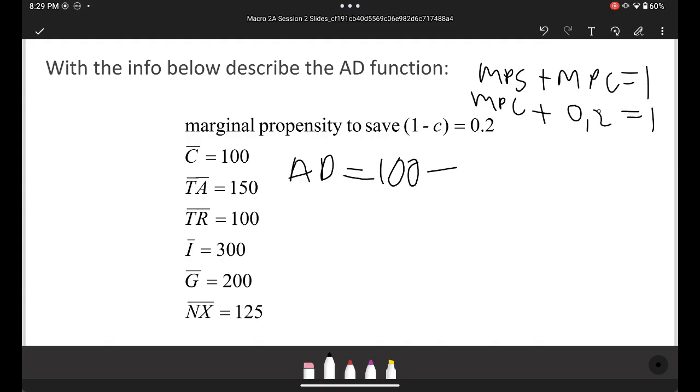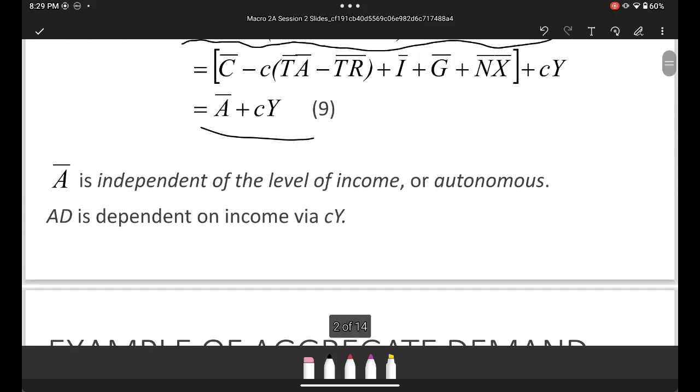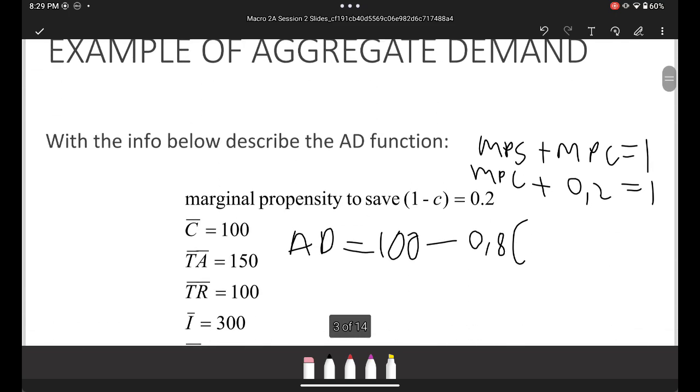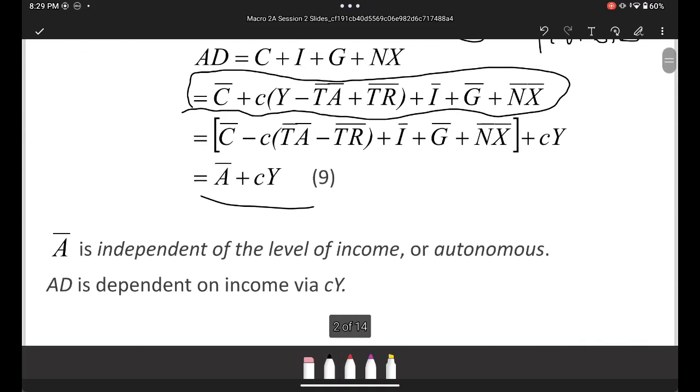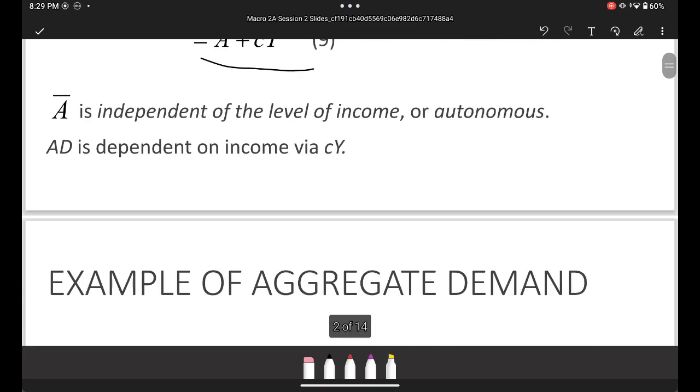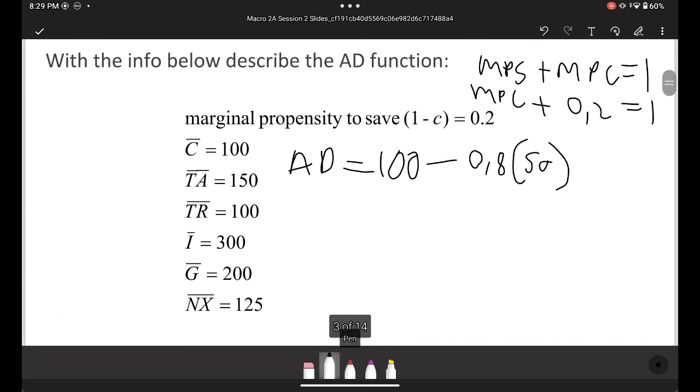So solve: 1 minus 0.2 is 0.8, times taxes minus transfers. Taxes minus transfers, 150 minus 100, so we can use that 50. Plus investment plus government plus NX.